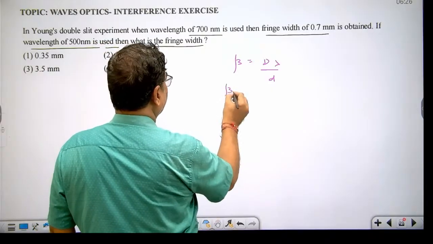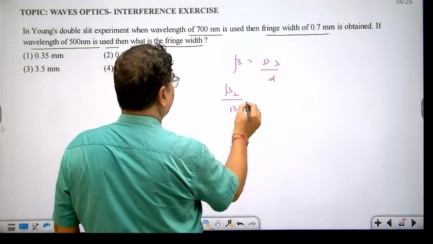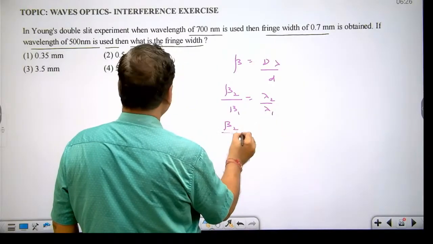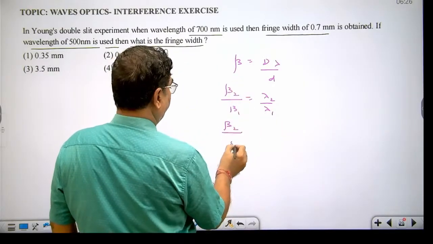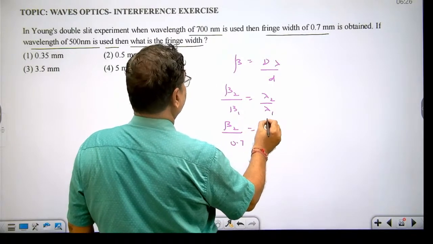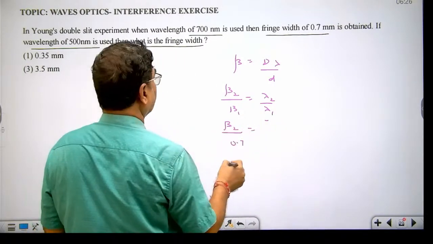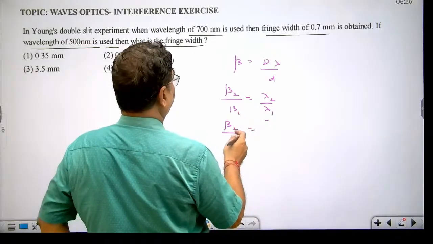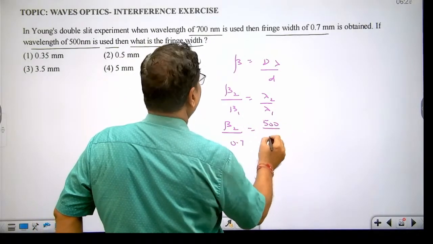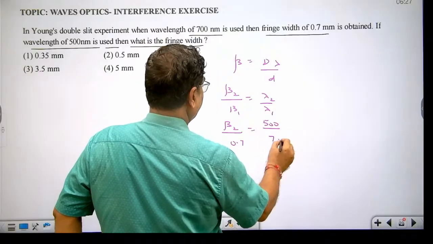So beta 2 upon beta 1 equal to lambda 2 upon lambda 1. So beta 2 upon 0.7 equal to 500 upon 700.